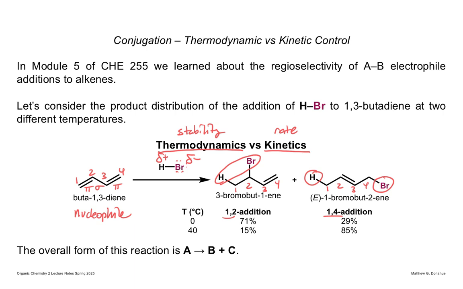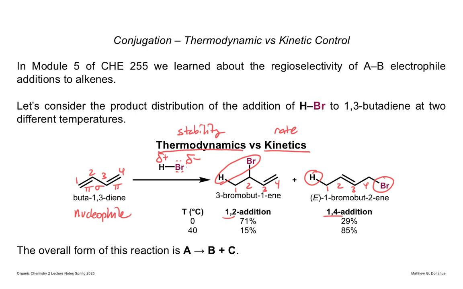And if you look at the temperature, we have 2 entries, 0 degrees and 40 degrees. At 0 degrees, the 1-2 addition product is favored. At 40 degrees, the 1-4 addition product is favored.